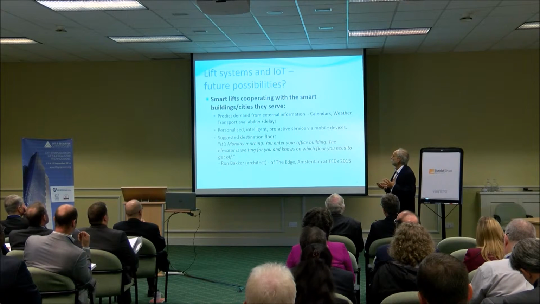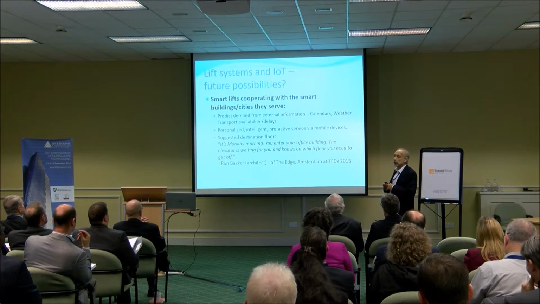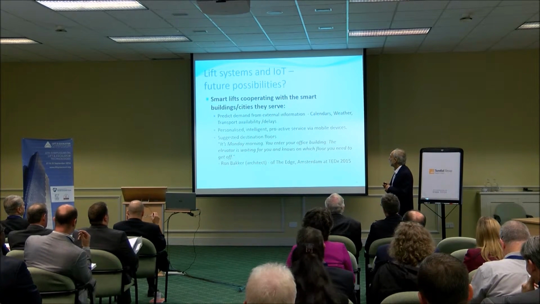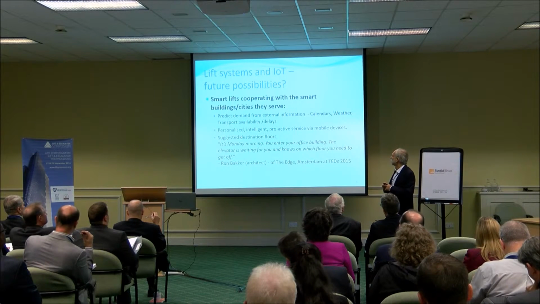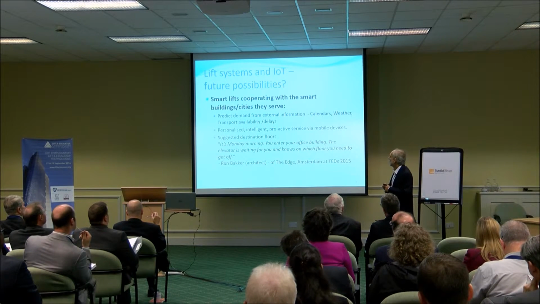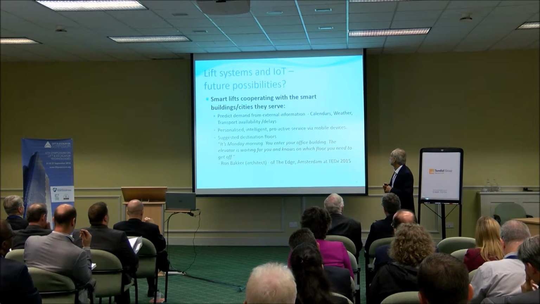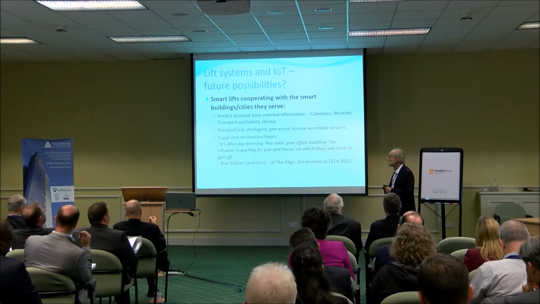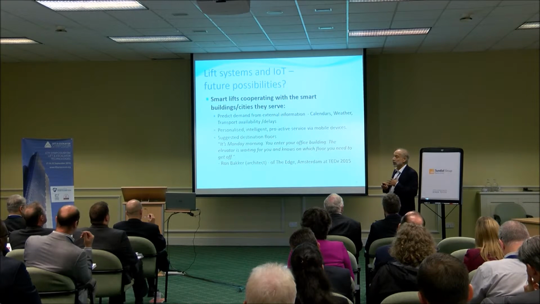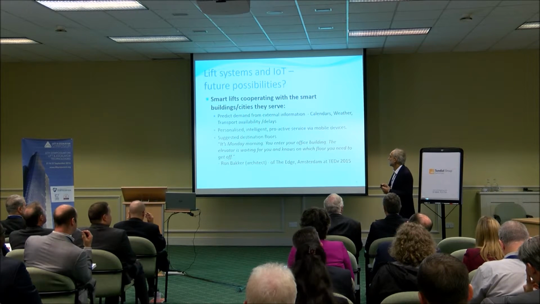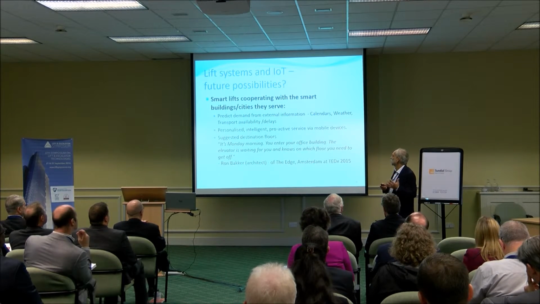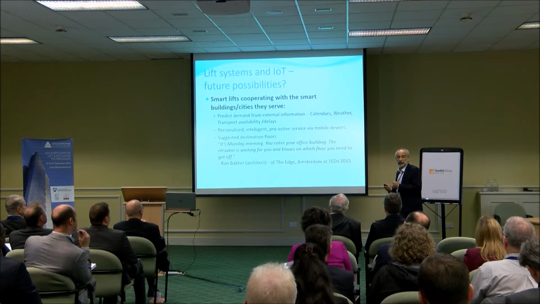Possibly, we hear a lot about smart buildings and smart cities, and we really need to have smart lifts that cooperate with them. So possibly we could predict short-term future demand from calendars, public and personal calendars, weather, transport availability, delays, to provide a personalized, intelligent, proactive service via mobile devices.